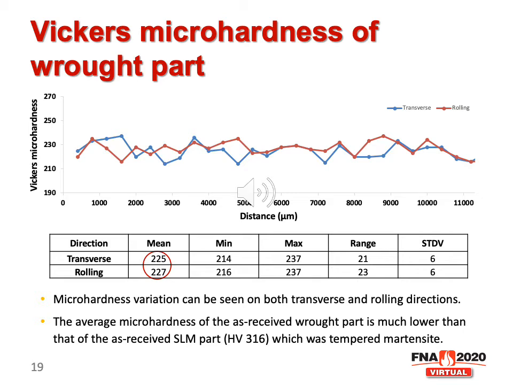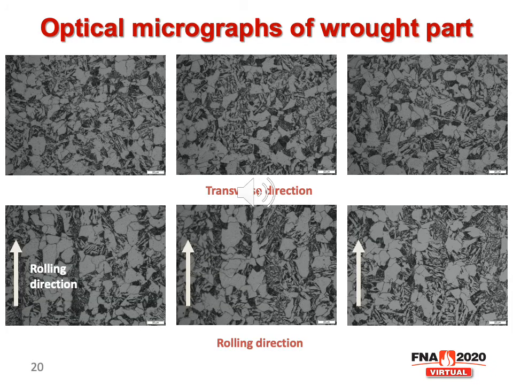So let's take a look at what the microstructure is for this wrought part. This slide shows the optical micrographs of the wrought part. For the wrought part, similar to the as received selective laser melted part, we choose different positions on both transverse and rolling directions to get the optical micrographs.